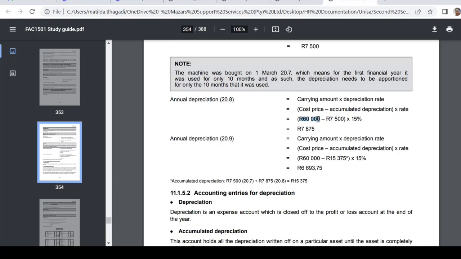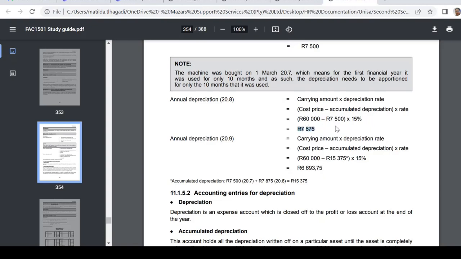Because in the last financial period we calculated depreciation, we're going to say 60,000 minus 7,500 times 15% times 12 divided by 12.